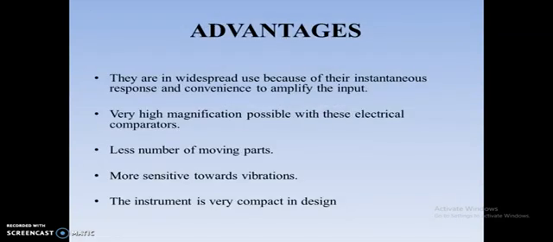Now what are the advantages of an electrical comparator? Now these electrical comparators are widely used because of their instantaneous response and convenience to amplify the input. That means the moment there is a change in the plunger movement, that response can be seen immediately on the scale. That is, the response rate is very fast.